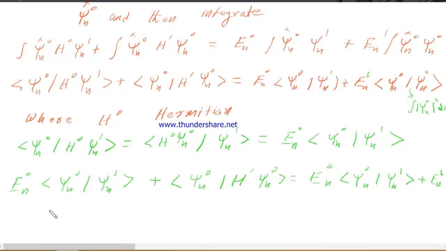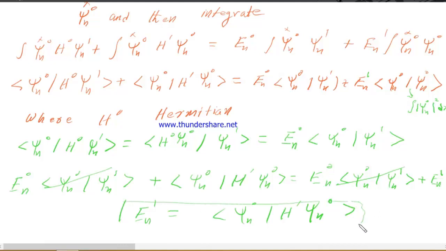Now we can cancel these two terms. They are the same, so they become cancelled. Then E n1 is equal to the expectation value of psi n0 H dash psi n0. This is the first order energy correction for the system.